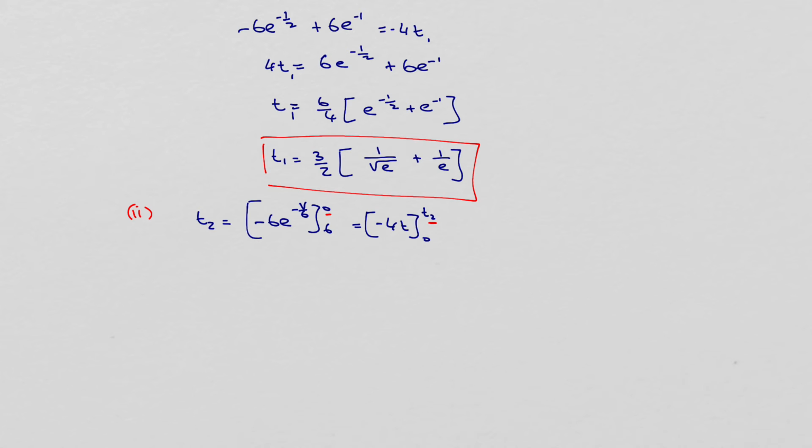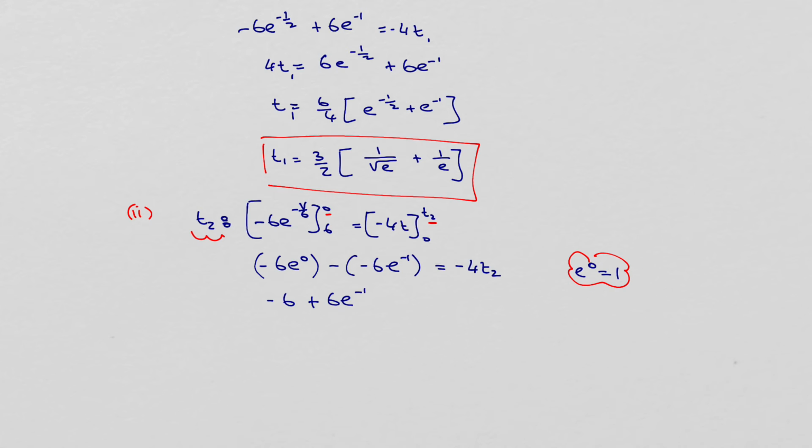So if we now sub in our upper limits, we end up with minus 6e to the power of 0 minus 6e to the power of minus 1 is equal to minus 4t2, and anything to the power of 0 is equal to 1. So therefore that gives me minus 6 plus 6e to the power of minus 1 is equal to minus 4t2.